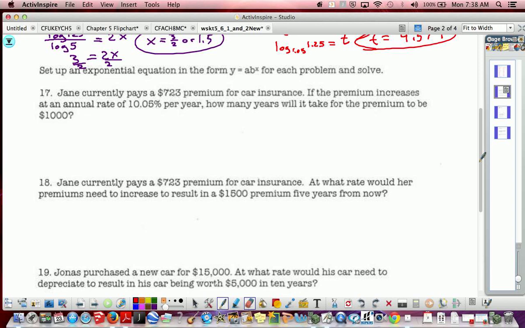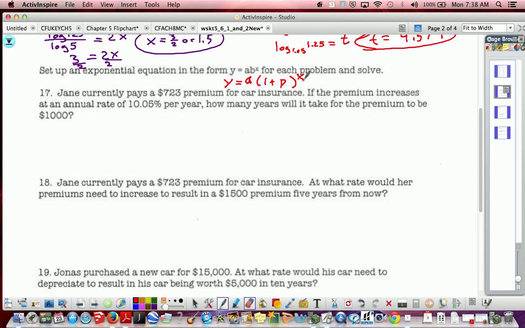All right, now in these last problems, you're actually going to more than likely use logarithms to help you solve for the missing variable. So it says set up an exponential equation in the form y equals a times b to the x. I like to write it as y equals a(1 plus p) to the x. However, that could be a minus p depending on the problem.